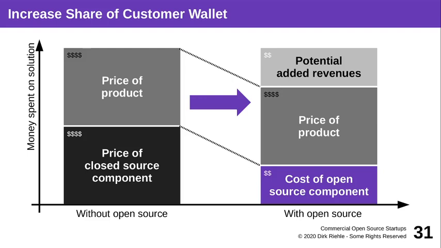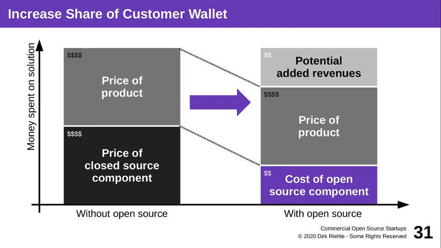On the left, you see, this is an illustration. Reality is always more complex, but the idea is clear here. On the left, you see two competing vendors, one which sells the product at the top and one which sells the platform, for example, or some component the product depends on. So two vendors, and maybe they are equally strong, so both get the same percentage, 50-50, of the customer's wallet.